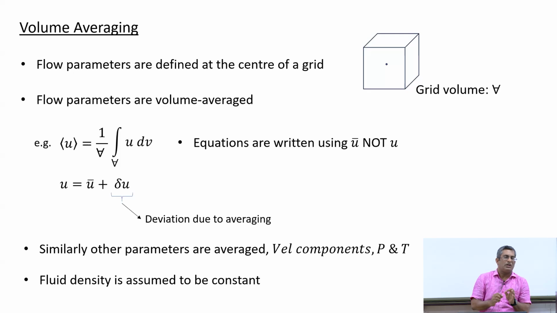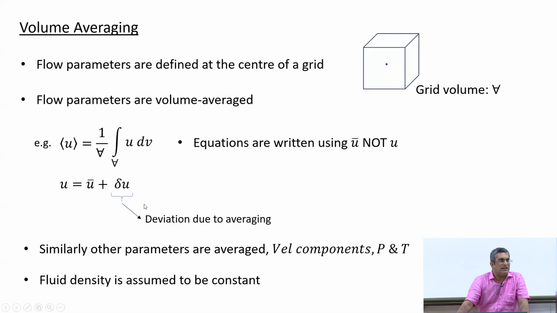In simple words, you add up all the velocity at all points within this grid, sum them up and then divide by the total volume. So this is basically the volume averaged velocity, and we write the equations not for u but for the volume averaged velocity.